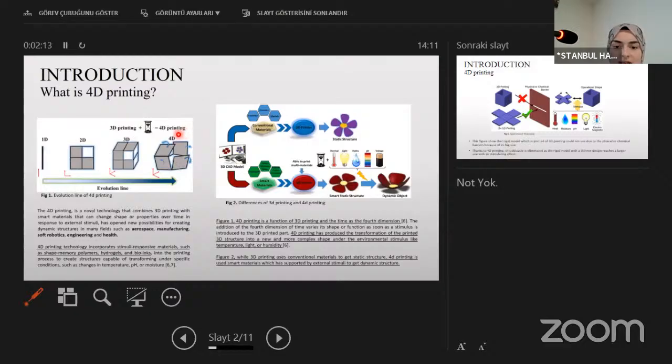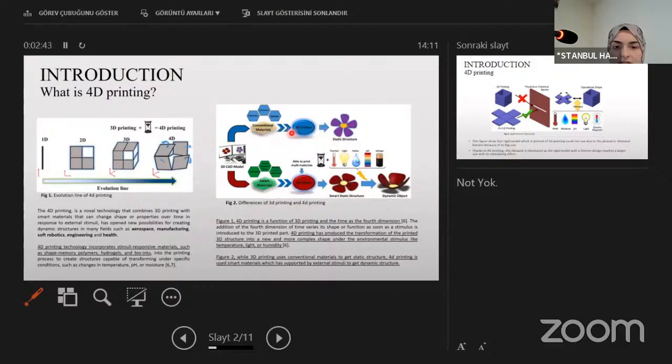4D printing produces the transformation of the printed 3D structure into a new and more complex shape under an environmental stimulus, like, as you can see here, thermal, light, hydro and humidity, pH, voltage, and also magnetic field. And you can also see the differences between 3D printing and 4D printing in figure 2.